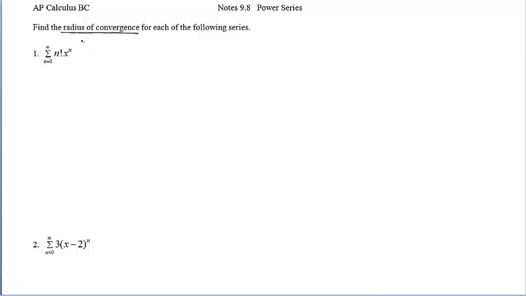Before we apply the ratio test, it might be helpful to expand this power series. So allowing n to be 0 to start us off, 0 factorial times x to the 0 power. We know that's just going to be 1. So what I'm going to do is just generate a few terms of this power series.